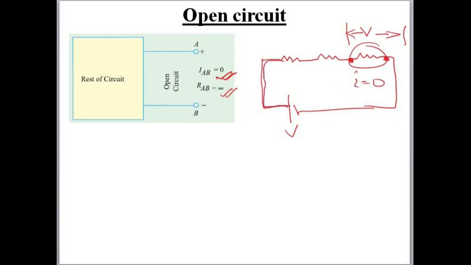Why? Because current will start from here and reach here, but it does not have any path after that. It cannot flow through this path because it is open. So in an open circuit, current is 0, resistance is infinite, and voltage is equal to the supply voltage in a series connection.